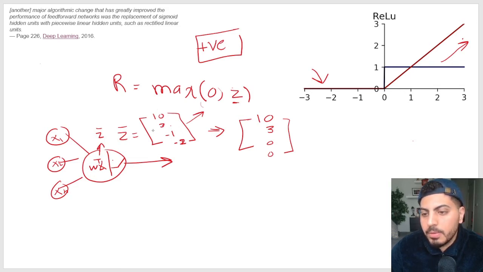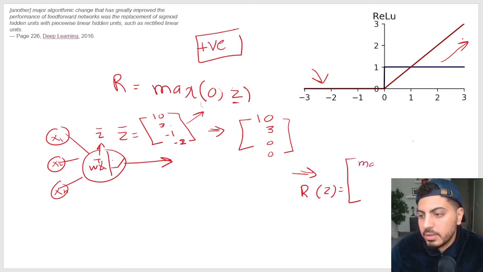Literally, it looks something like this: ReLU of Z is equal to ReLU of Z1, which is max of 0 and 10, and so on, max of 0 and minus 2.